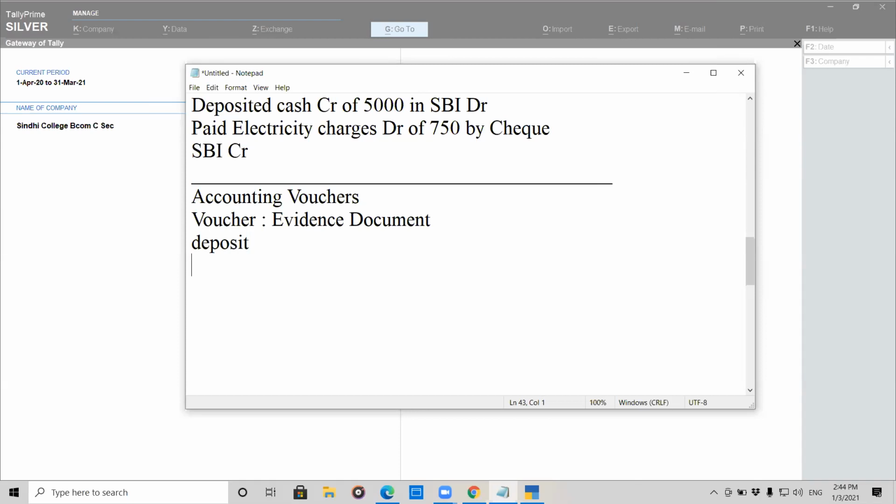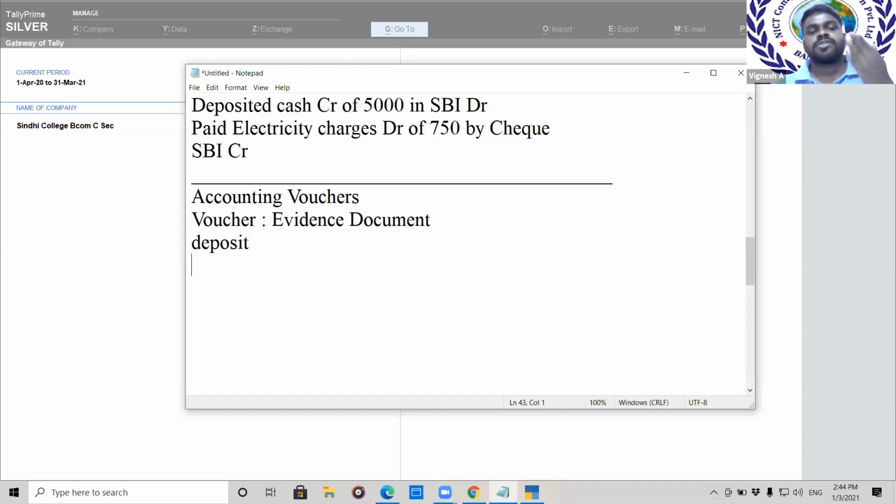What you will do is give that to your accountant, saying you made a deposit. Your accountant will pass a voucher that this deposit happened today by this person. So the evidence is that voucher. If an auditor comes, he will not go for anything else. He will just check your vouchers.